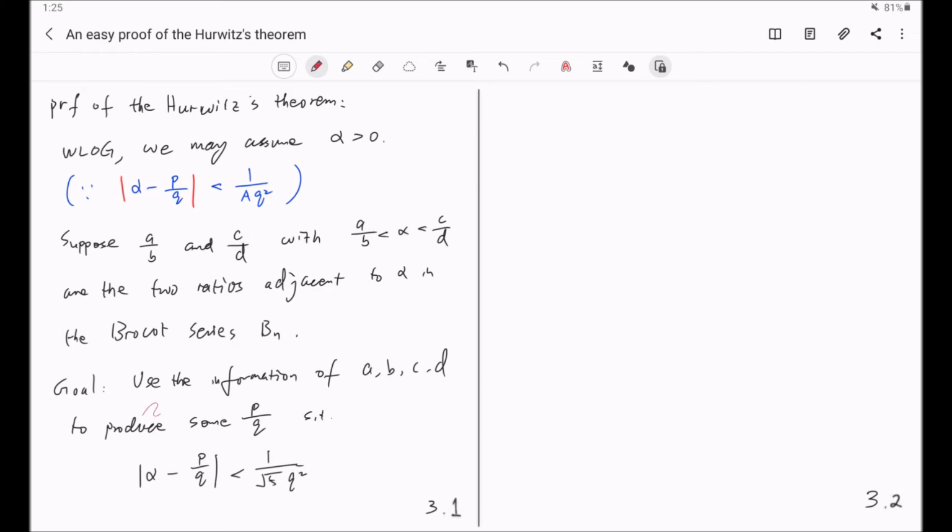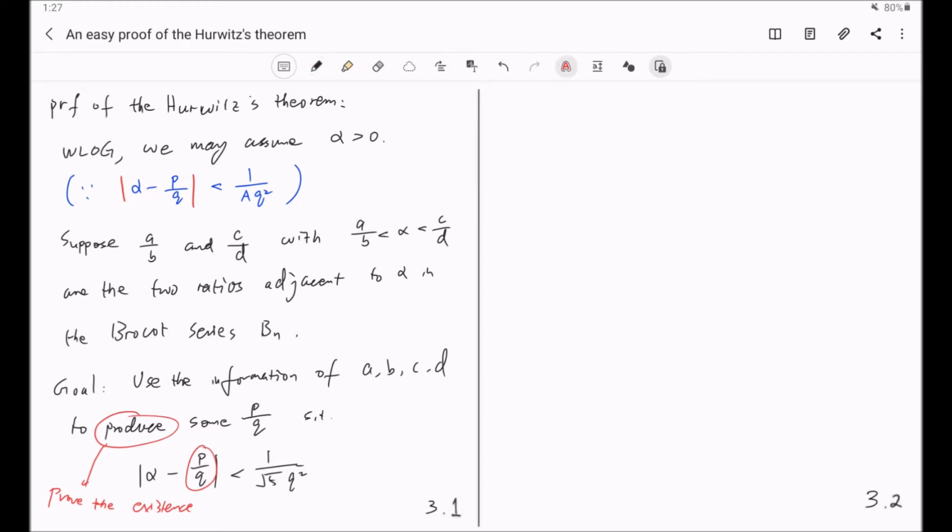And by produce, we do not actually mean we want to construct something explicitly. Alternatively, it suffices to prove the existence of such a thing, which may not necessarily have a very concrete formula. And that's the idea of the proof.